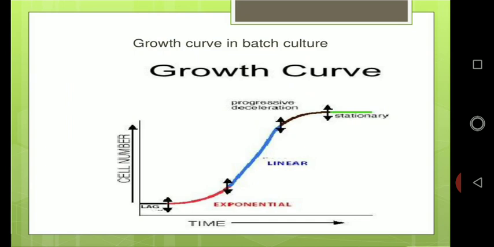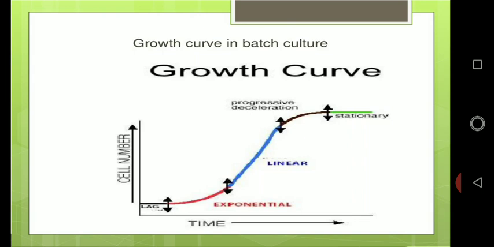If we look at the growth, you might have studied this type of growth curve in bacteria. If we look at the cell number and time of this particular batch culture, initially there is a lag phase where we actually start this culture, then the cells start slightly growing, we call it an exponential phase. Then there is a linear phase where, as time passes, the cell number increases.